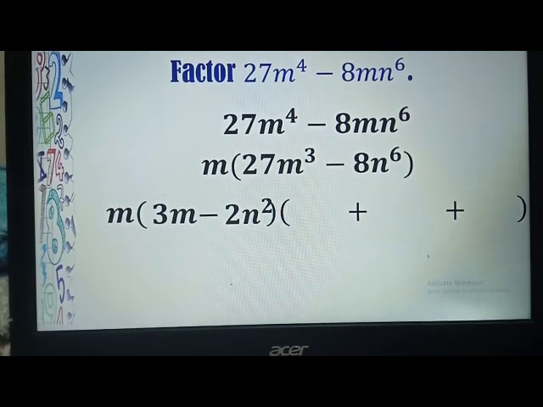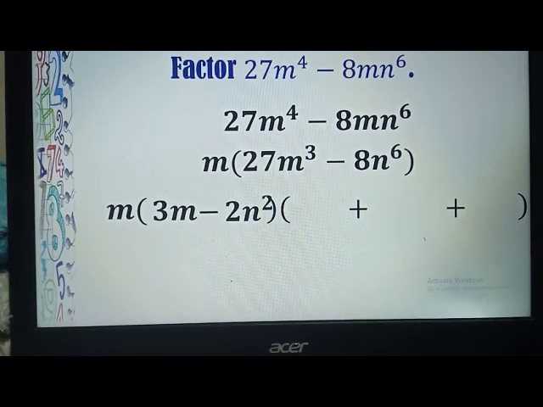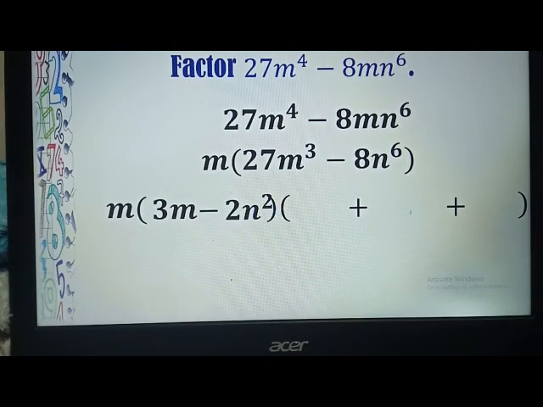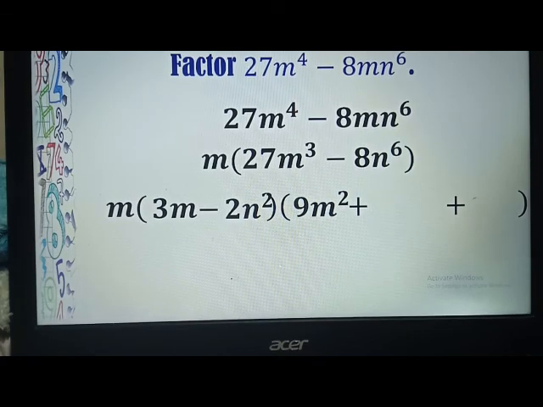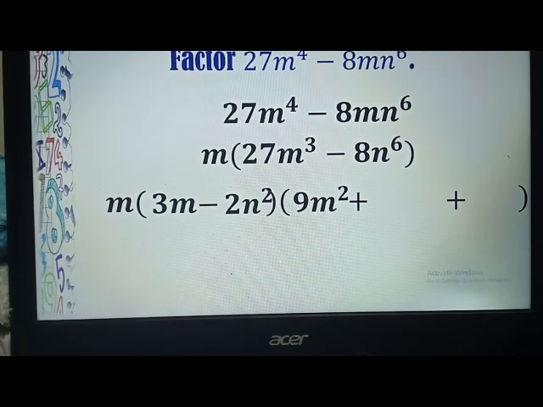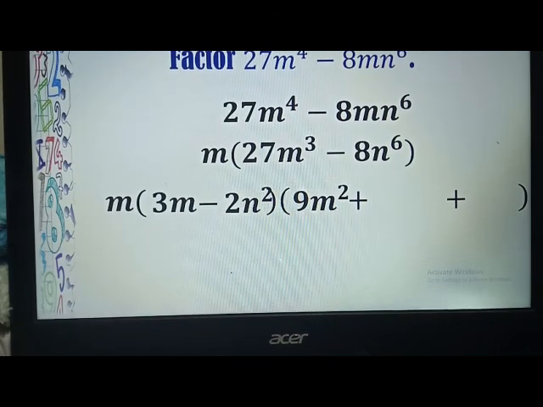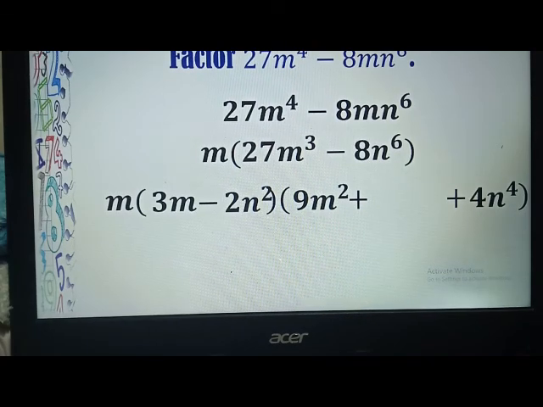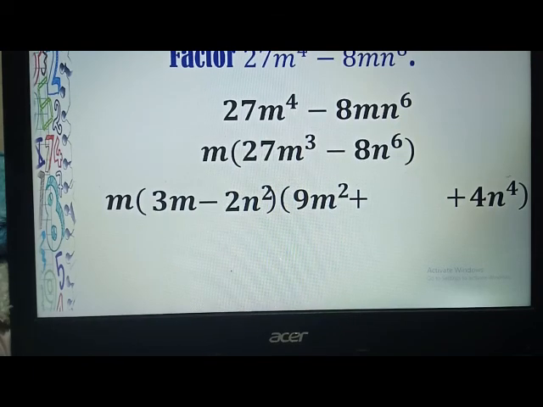For the first term of the trinomial factor, we have the square of the first term of the binomial factor, 3m. 3m squared, that is 3 times 3 is 9, m times m is m squared. Next, square of 2n, that is 2 times 2, 4, and then the square of n squared is n raised to 4.